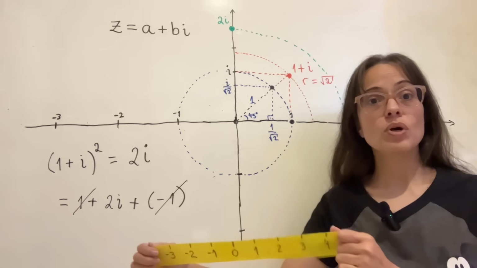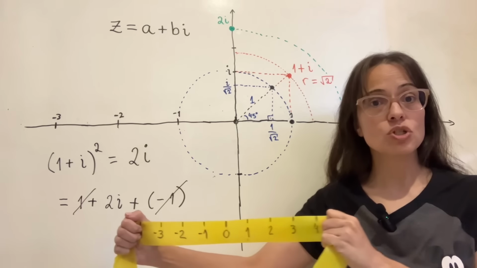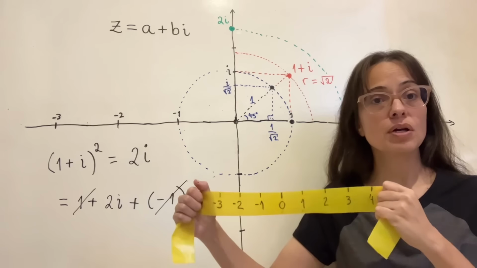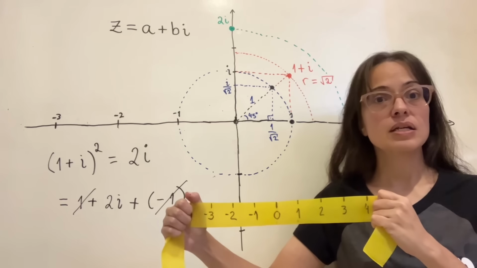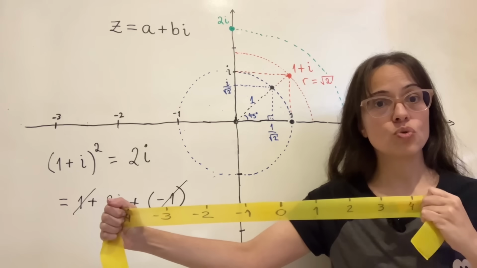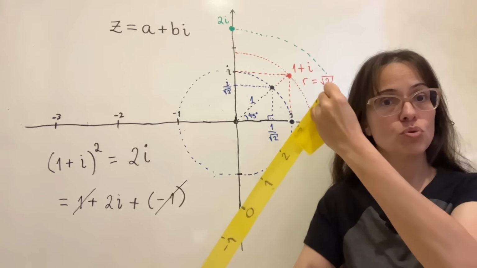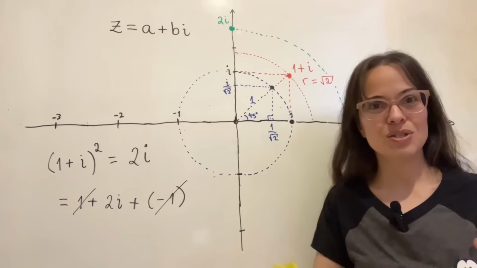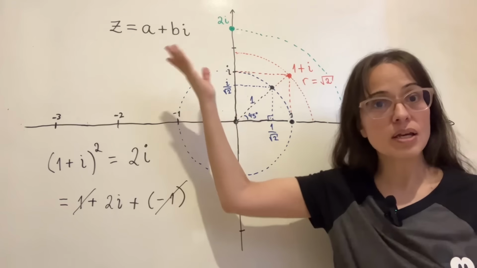And remember that when we were adding numbers, it was all about horizontal translation and vertical translation. But when we are multiplying numbers, it is about how much we're going to stretch and how much we're going to rotate. And the things that are telling us about these two movements are not the a and the b.